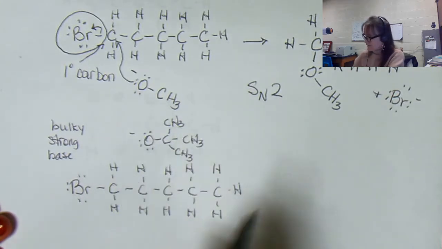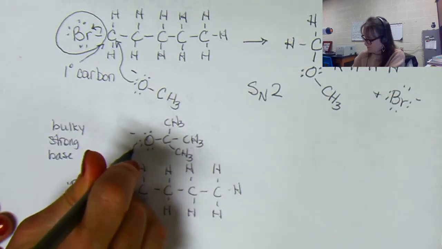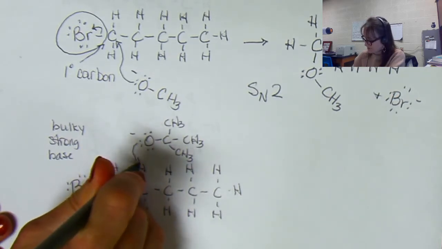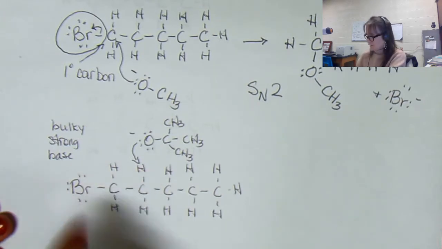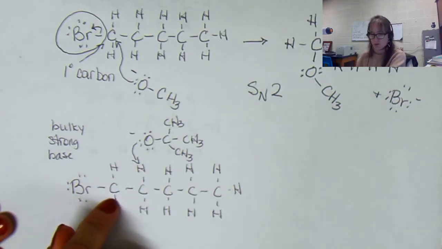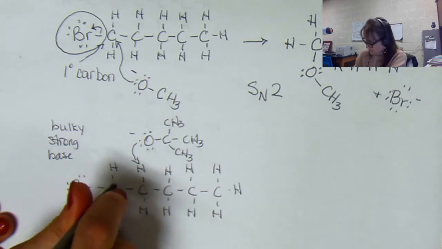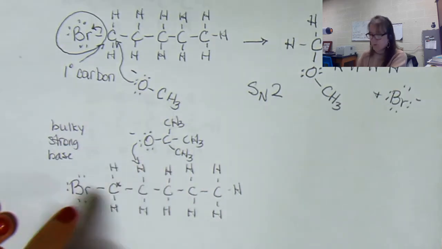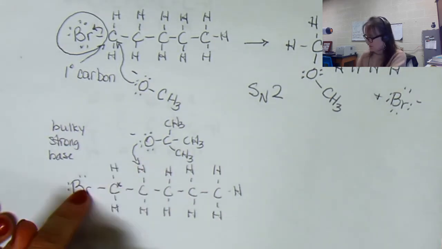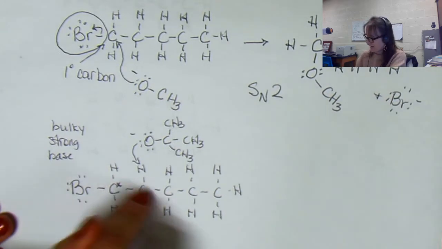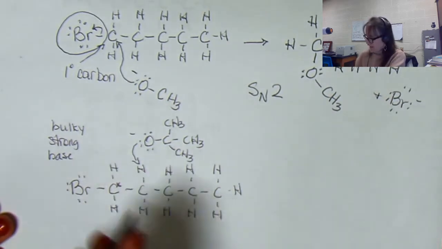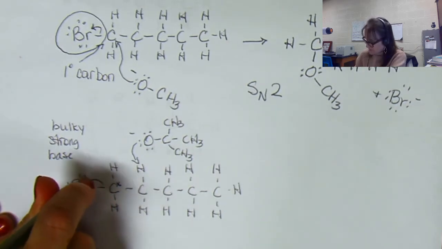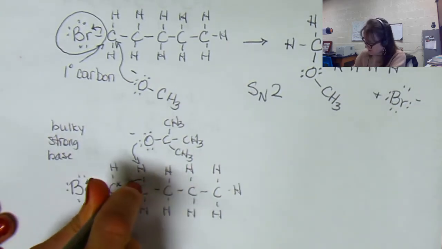So instead, it'll go after the hydrogen on an adjacent carbon. So not the carbon where your bromine is. So this is still primary. It'll go after the adjacent carbon's hydrogen. And so this will cause an elimination reaction.